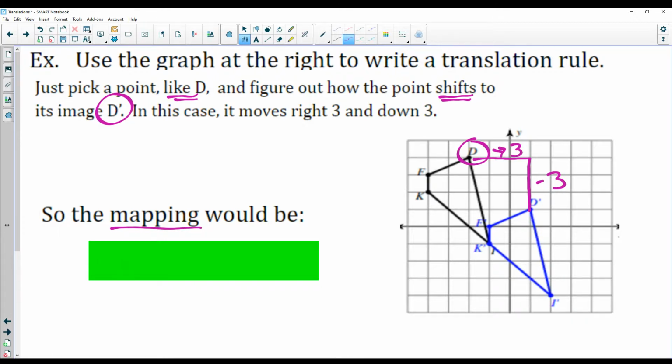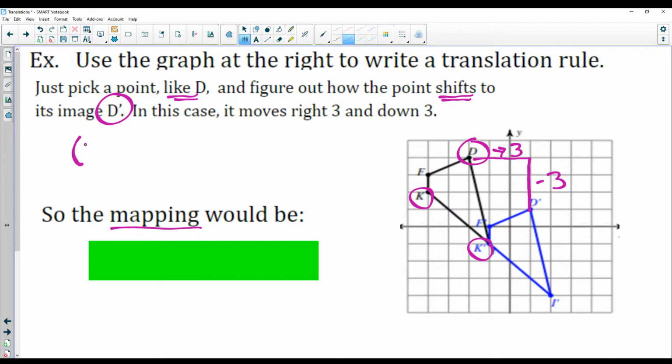Okay, check that with all the other ones. Looks good for D, but let's just make sure. 1, 2, 3, 1, 2, 3. Yep, if we look at K, they seem to be moving in the same direction.